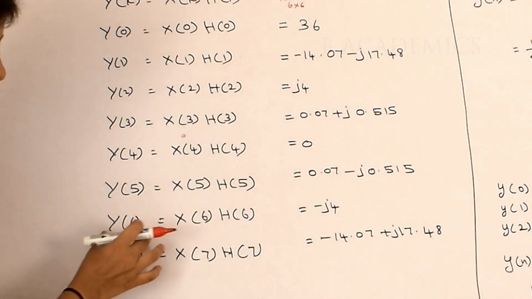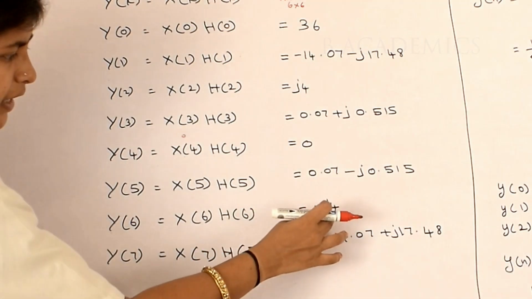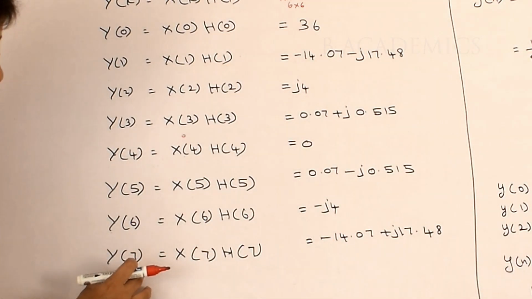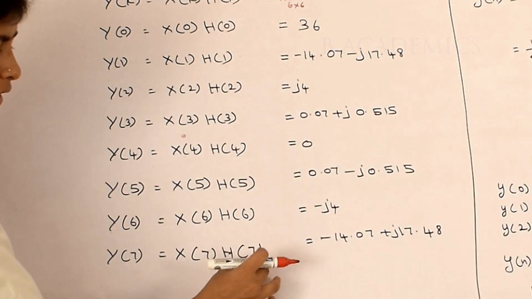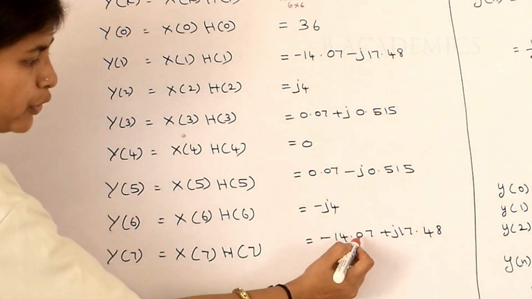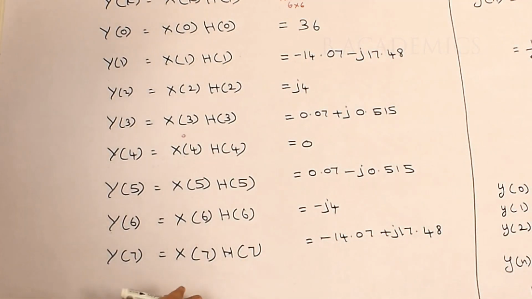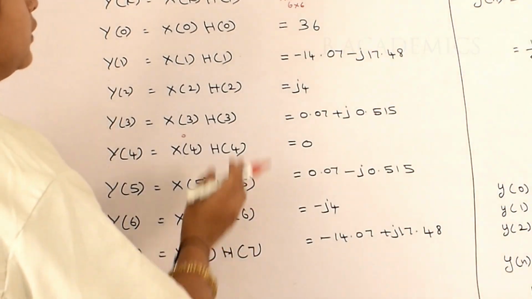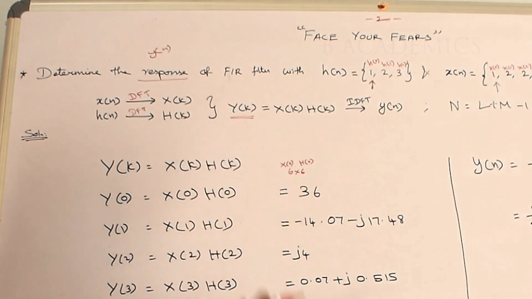For Y of 6, I am substituting X of 6 into H of 6, I am getting minus j4. For Y of 7 equal to X of 7 into H of 7, I am getting minus 14.07 plus j 17.48. Okay. So now we have found the sequence for Y of k.